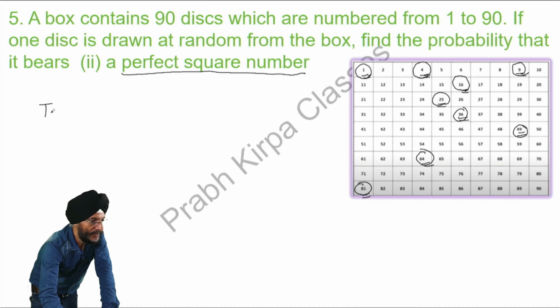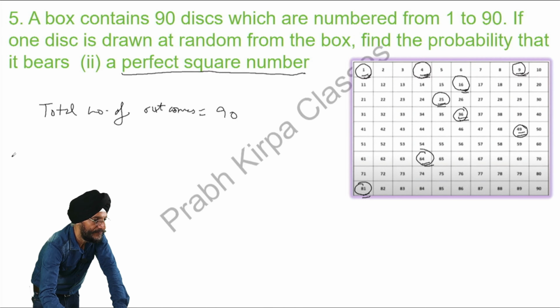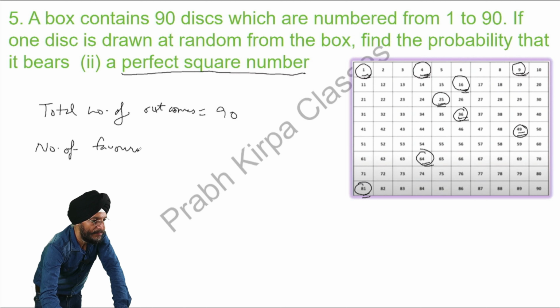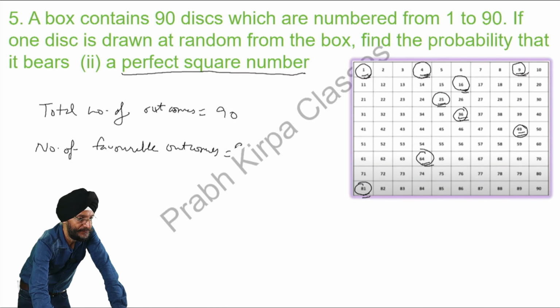So here the total number of outcomes, or the total number of discs, is 90. The number of favorable outcomes, that is the number of discs having a perfect square number, is 9.